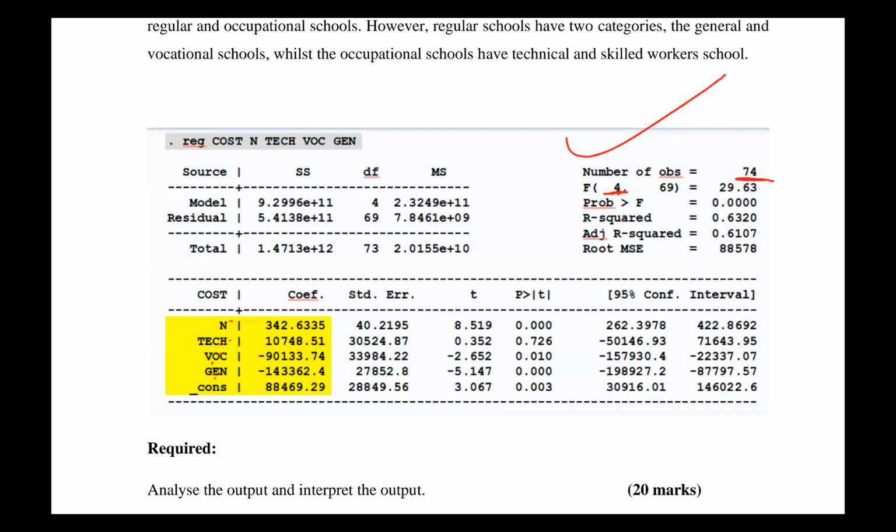Then the p-value, this one is the probability of the entire model, the p-value of the model.